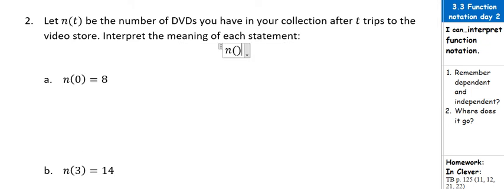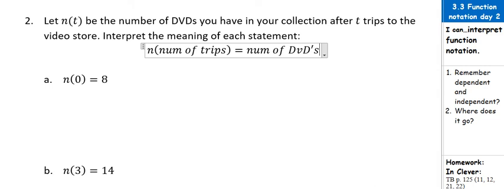Well, what is my input? What does t represent? T trips to the store. I'm going to put number of trips equals, well, what is the result? Well, that's the number of DVDs.